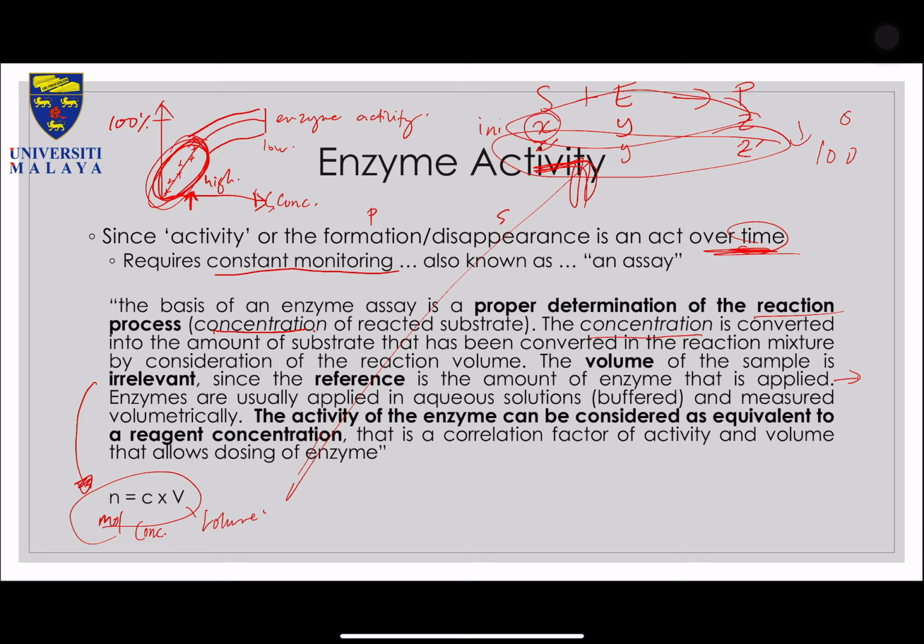For these purposes, if you were to do it in a small scale lab, the volume is relevant. The ones that I bolded are the key important things. Other than that, it's not really that important. It's info, but yeah.